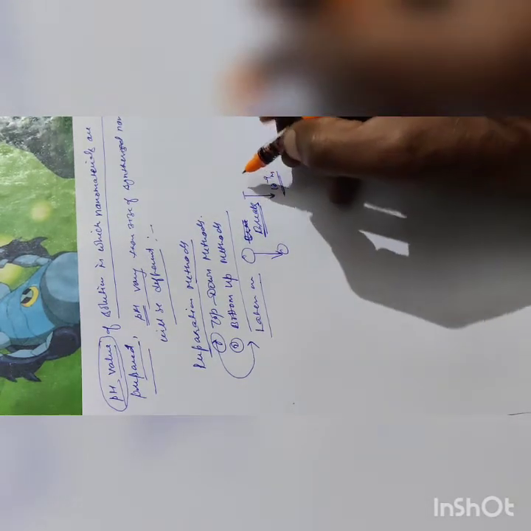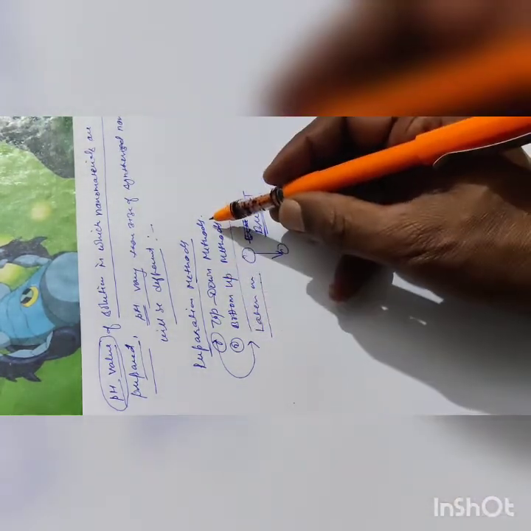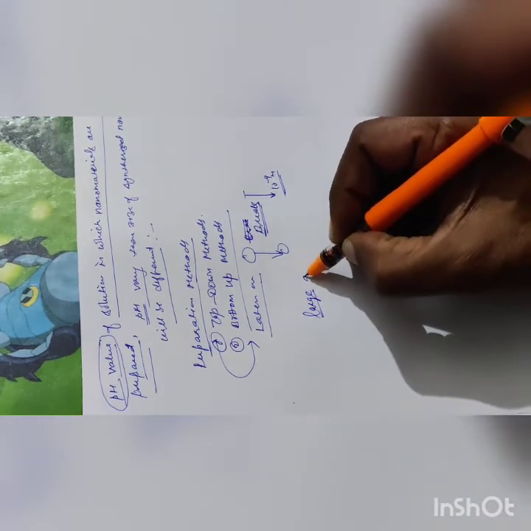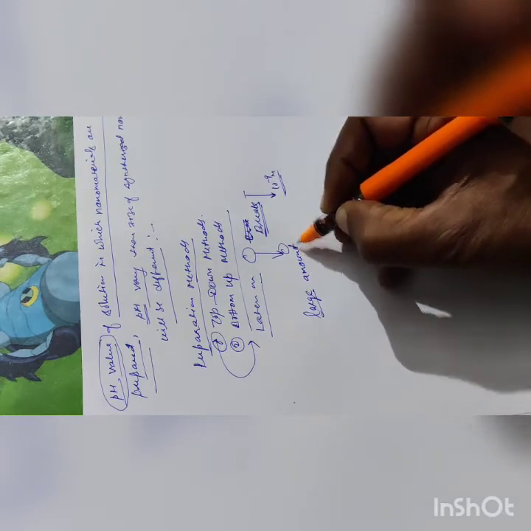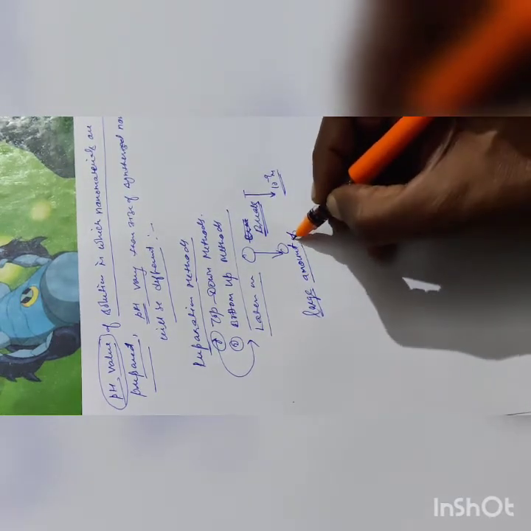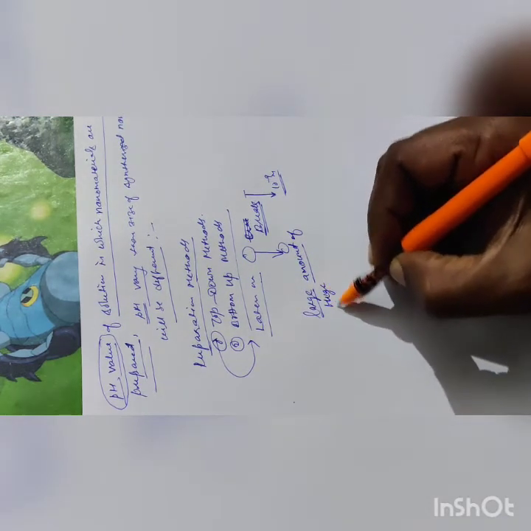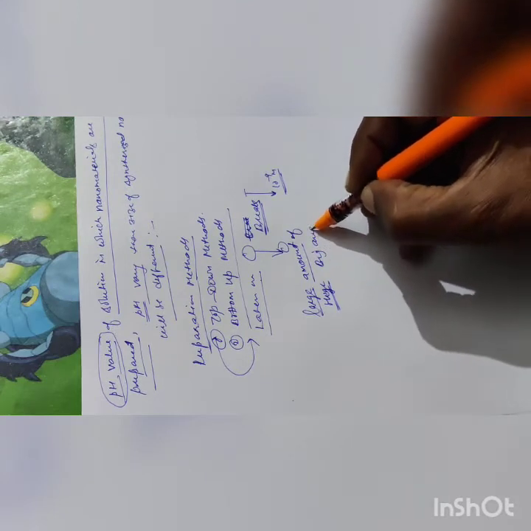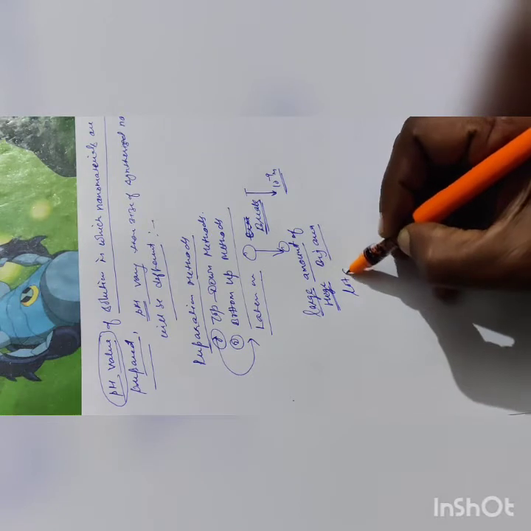Then the whole process is under the purview of top down methods, and these methods require a large amount of installation, huge installation, and a big area and a lot of money.